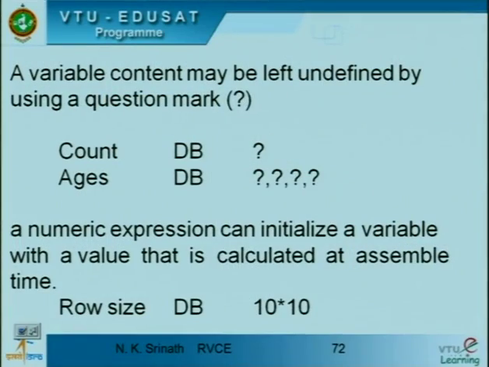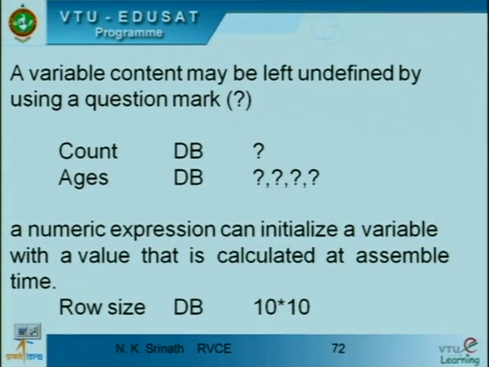If you want more spaces, with a comma as a delimiter separating them, we can give any number of question marks. A numerical expression can initialize a variable with a value that is calculated at assembly time. That means the assembler calculates and puts the value, you do not have to calculate it.